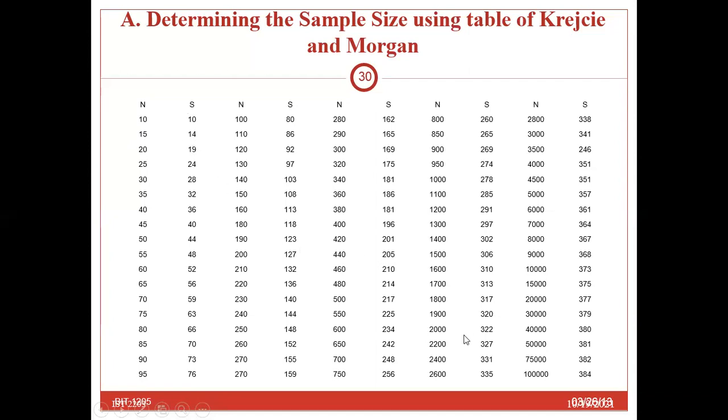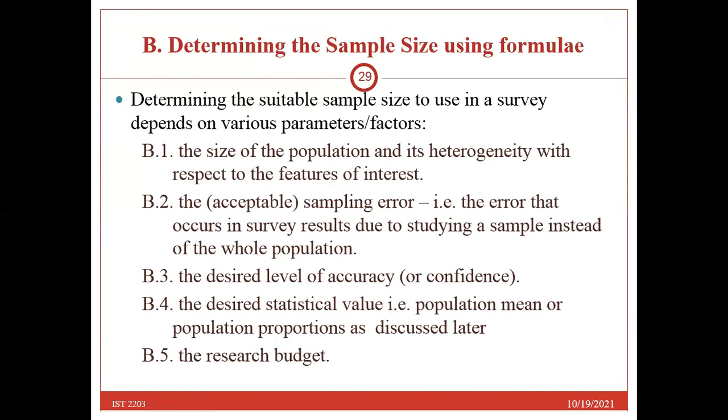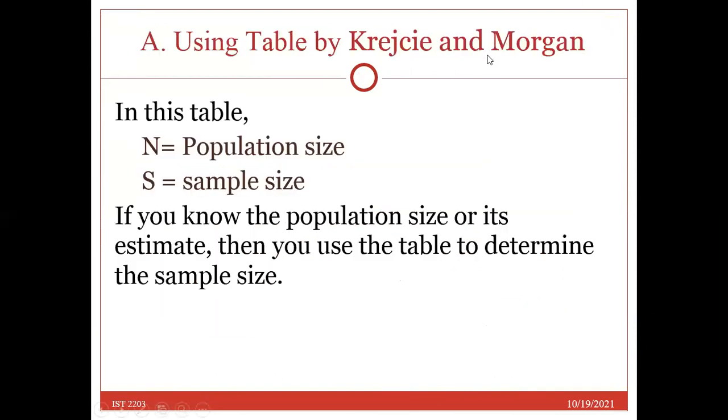Simple like that. If population is 75,000, sample size is 380. So all you need is your population size. You look at the table, it will give you the sample size. That is a basic way of doing it using Krejcie and Morgan.